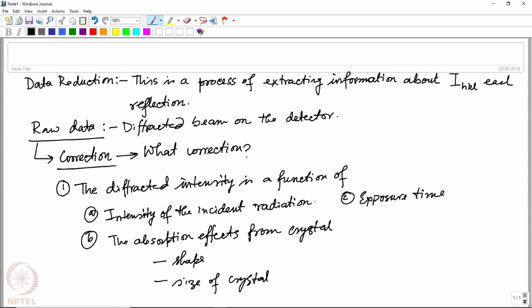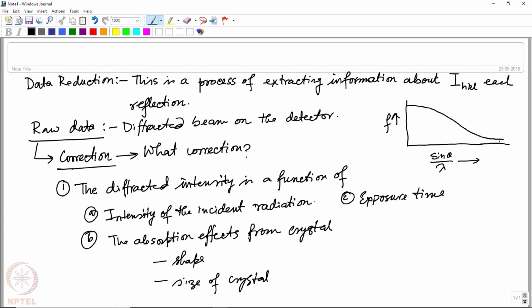As you know, the atomic scattering factor f of every atom falls drastically with respect to sin theta by lambda and becomes very small at very high values.